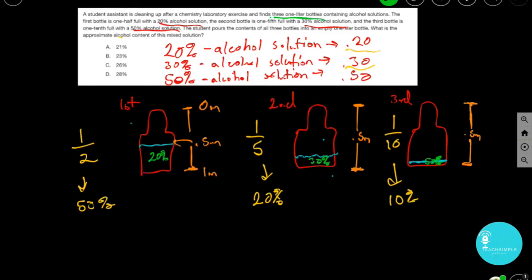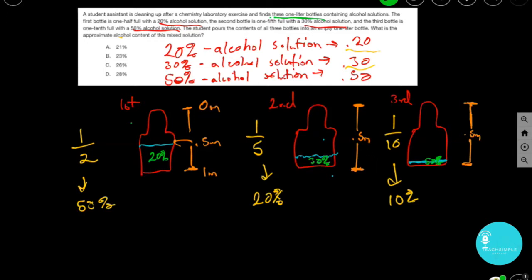The second bottle is 1/5 full, and it only has 30% alcohol solution. And the third bottle is 1/10 full and only has 50% alcohol solution. So ask yourself, which bottle has the most alcohol solution? It's the third one. And the question is asking us, what is the approximate alcohol content in this mixed solution?